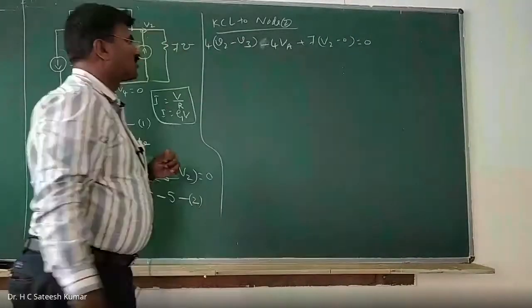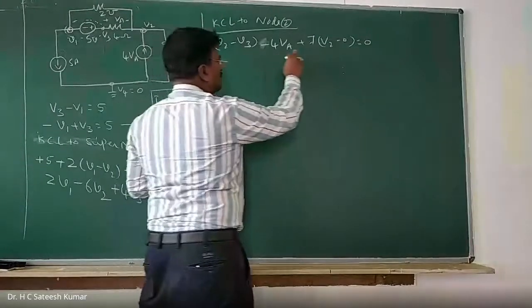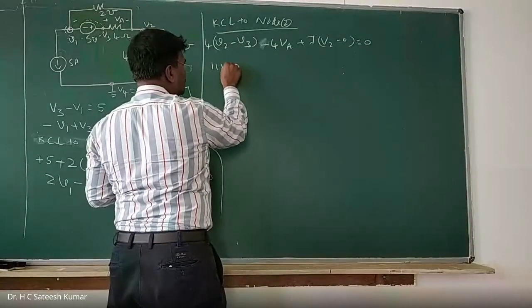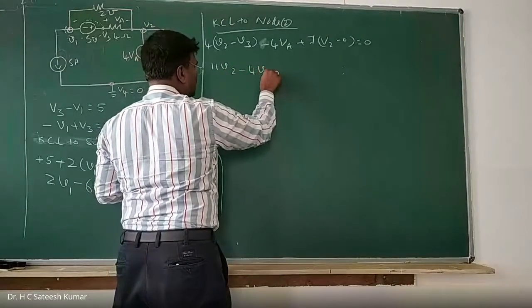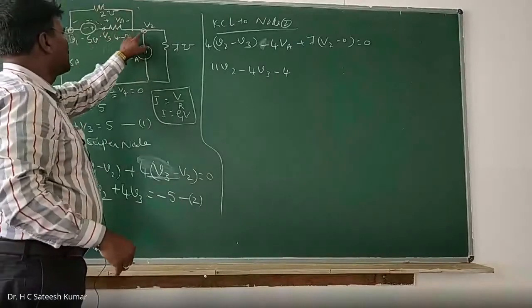So therefore what is that? You can write it: 4V2 plus 7V2, 11V2, minus 4V3, minus 4 into what is VA? VA is nothing but V3 minus V2.